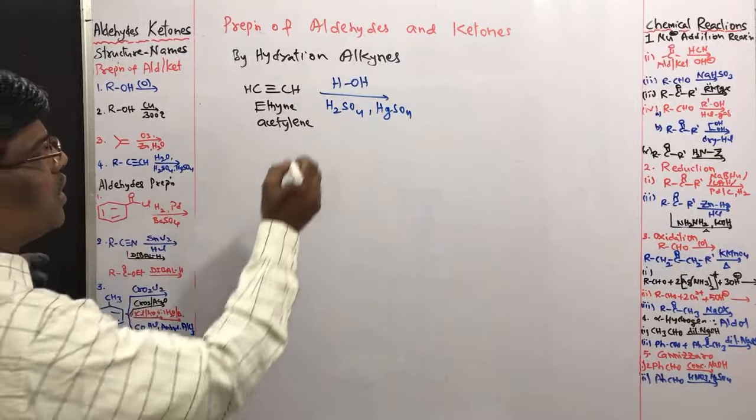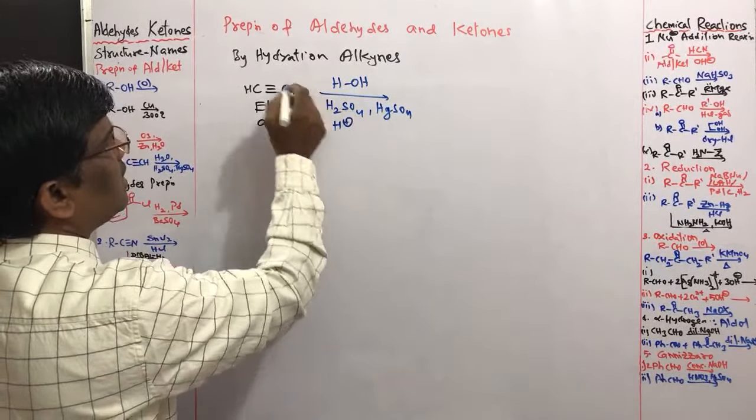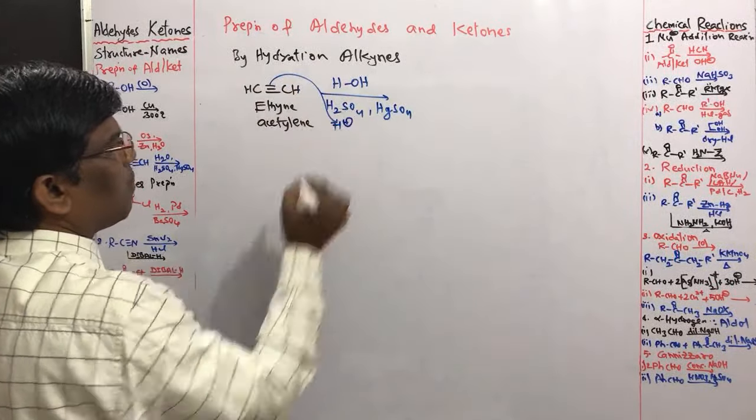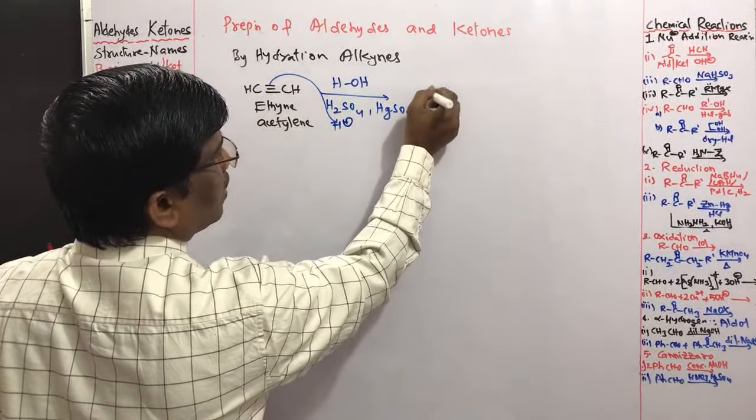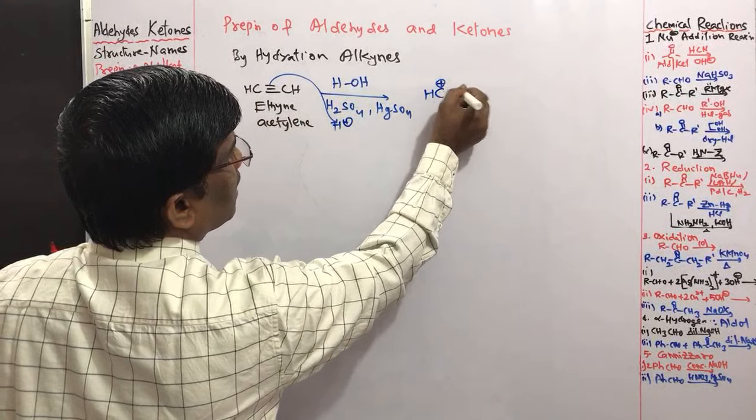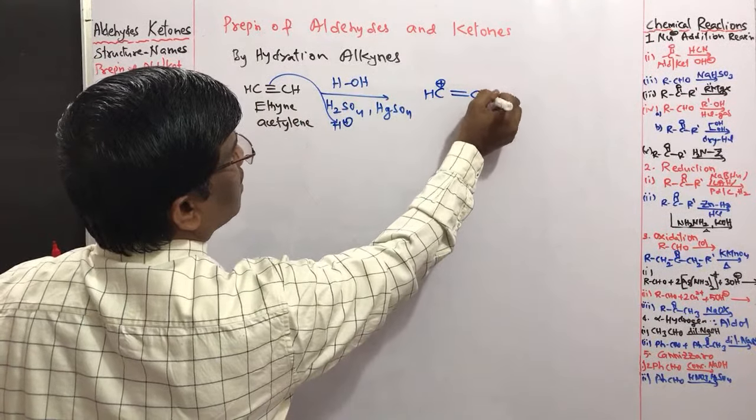Sulfuric acid gives H plus ions, and these H plus ions are added to this to give a carbocation intermediate.